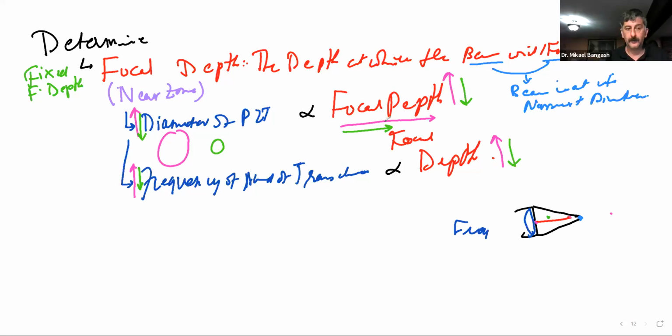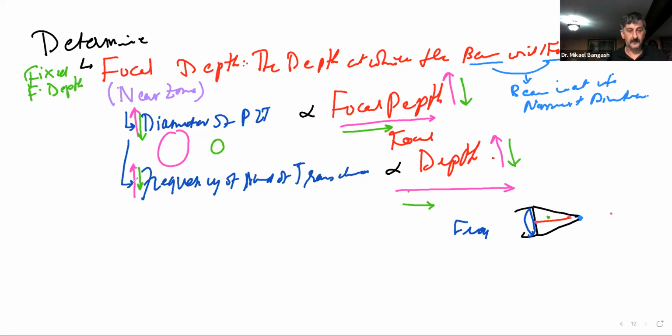The next thing we could say is, what could be another factor that would cause the beam to either focus at shallow depths or great depth? That is the frequency of the transducer.